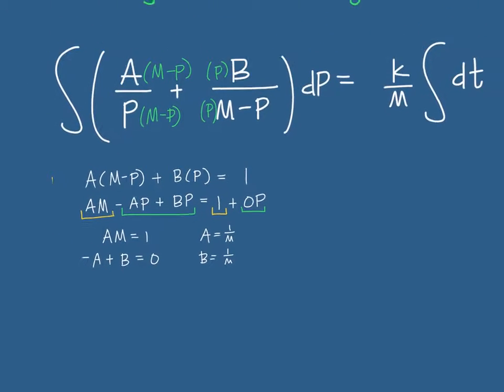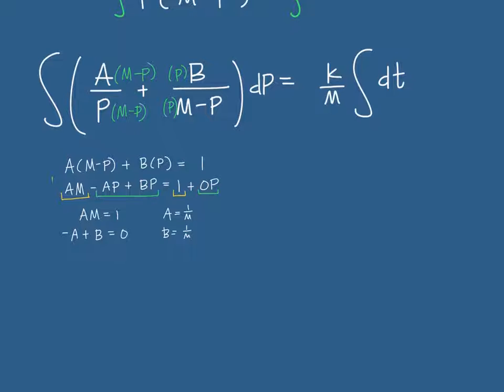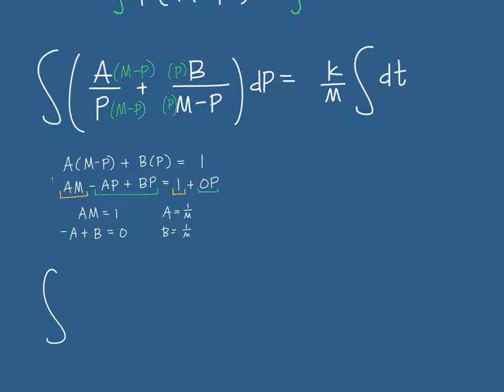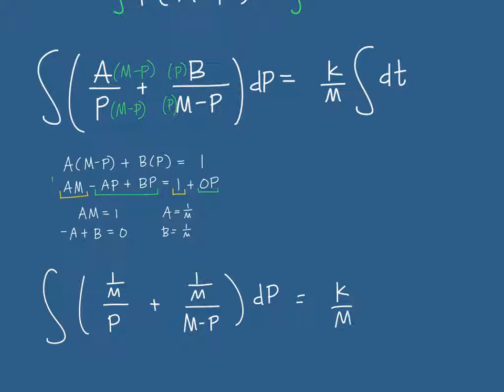All right, so my integration by parts now becomes 1 over m over p plus 1 over m minus p dp. And on the other side, we just still have k over m dt.